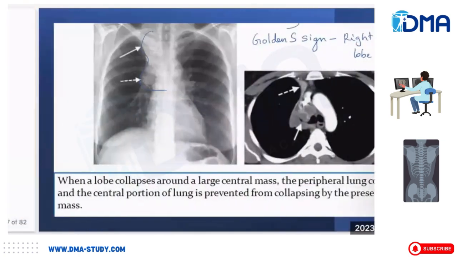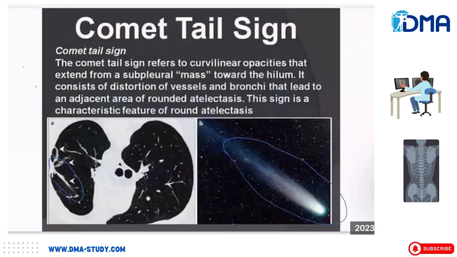Okay. Then coming to this picture, it is basically a picture of atelectasis. There you have this comet tail appearance that will be seen in atelectasis. It is very typical of an atelectasis picture.